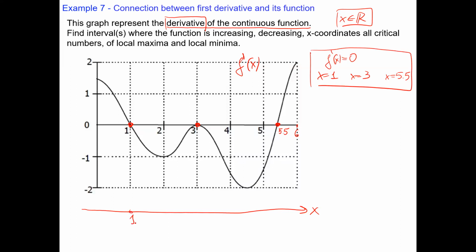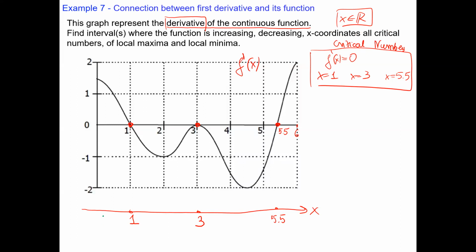Yeah? We find the x-coordinates of all critical numbers: 1, 3, and 5.5. We have to be careful.